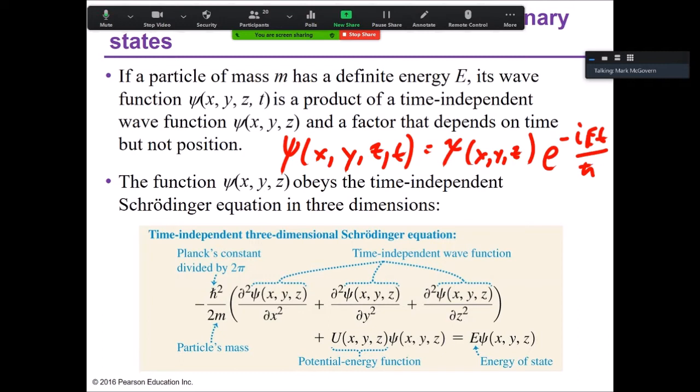So we can take our time-dependent equation, make this substitution. We will divide out all of the exponentials here, and the right-hand side will turn into just energy. And then we are left with a familiar time-independent Schrodinger equation. It looks completely identical to what we had before, except there's three terms here, three partial derivatives for the three dimensions we're going to work with here.